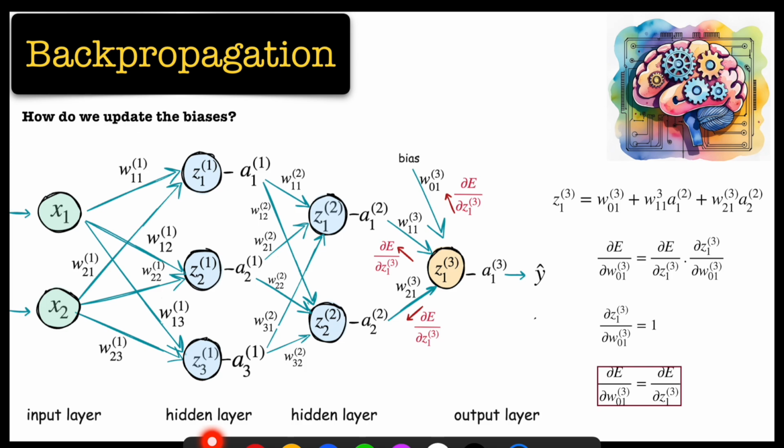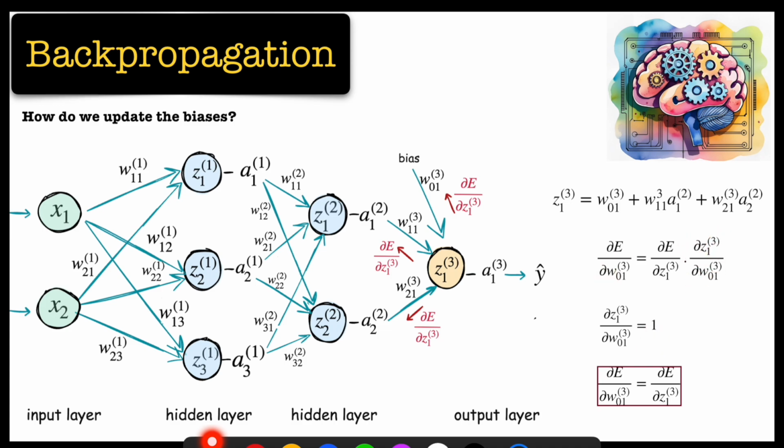So del E del W013 will be del E del Z13, that we will calculate in this path using chain rule, and then we have to calculate del Z13 del W013. W013 is only here, it doesn't have any coefficient, so del Z13 del W013 will be 1.